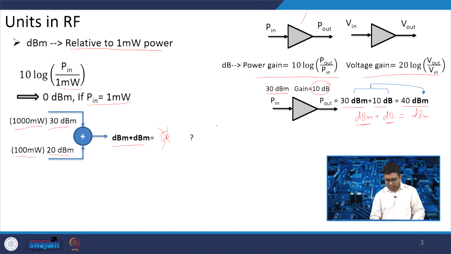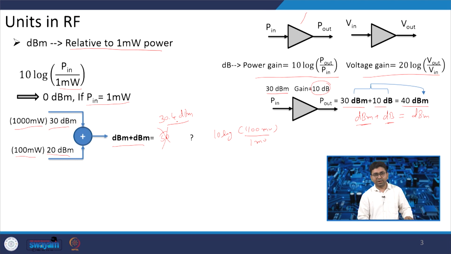So, your output here is nothing but 10 log of 1100 milliwatt by 1 milliwatt. That will come around 30.4 dBm.